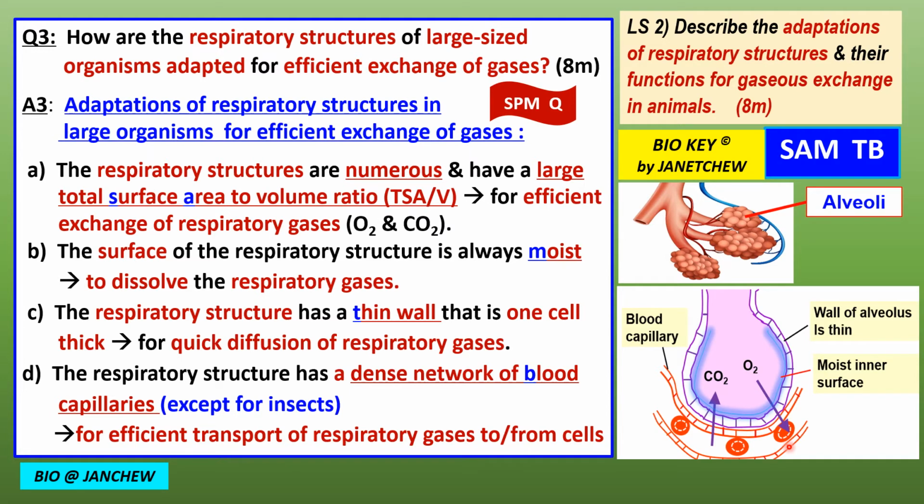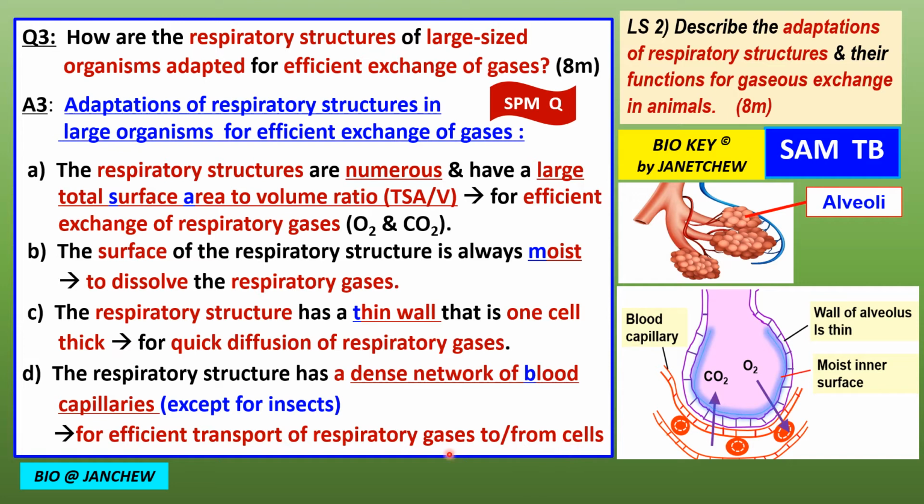And then fourthly, the respiratory structure has a dense network of blood capillaries. For example, there are blood capillaries surrounding the alveolus for efficient transport of respiratory gases, for example oxygen, to the cells.